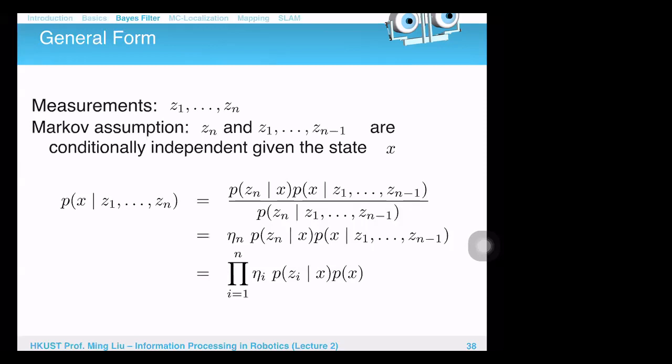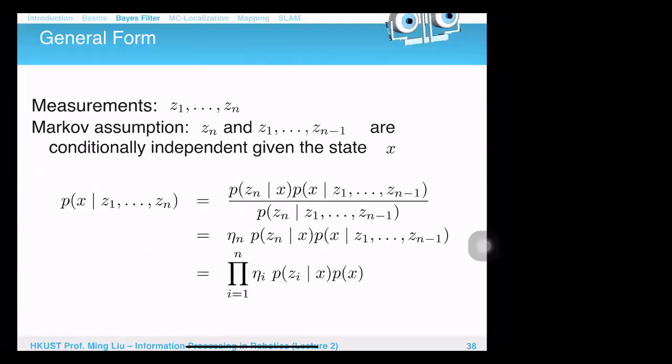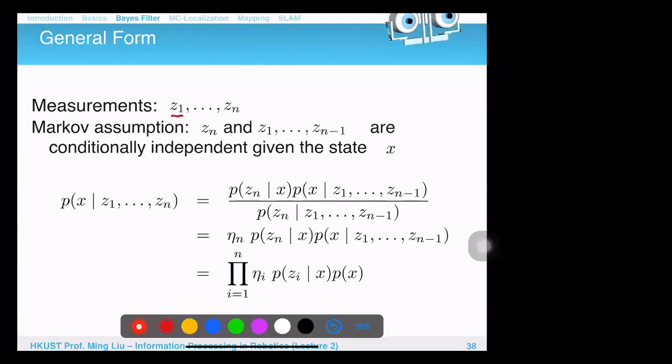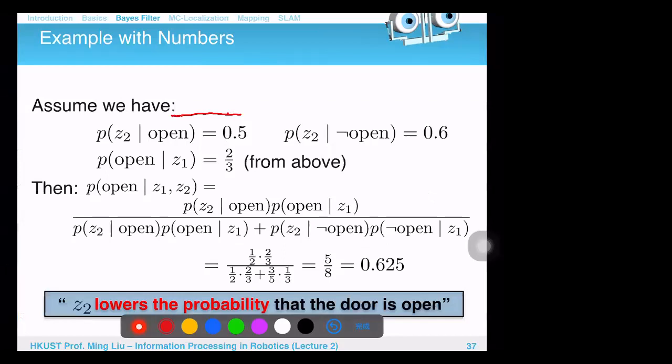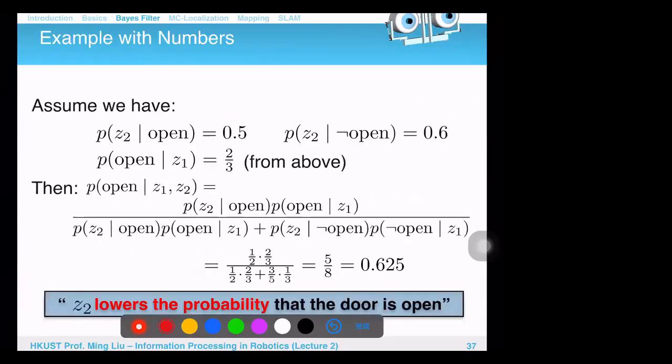With a mathematical abstraction, any sensor reading will be a Z, nothing else than Z1 to Zn. Previously, with 2 sensors to measure the state of the door, this is simple. We can even calculate the joint distribution and find out the probability.